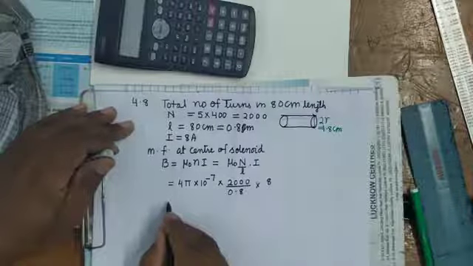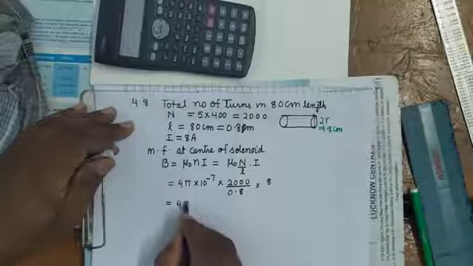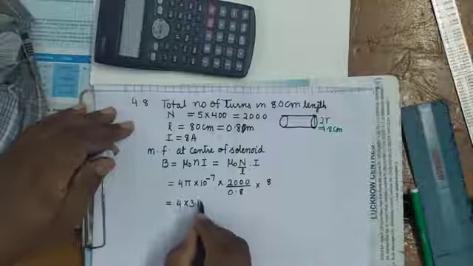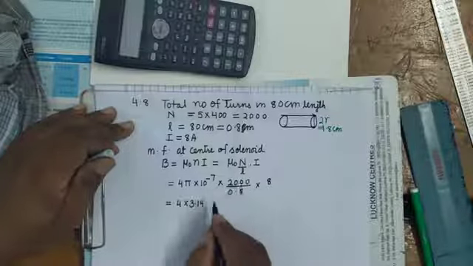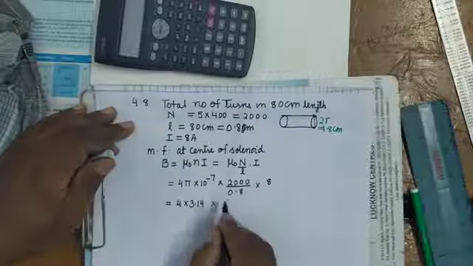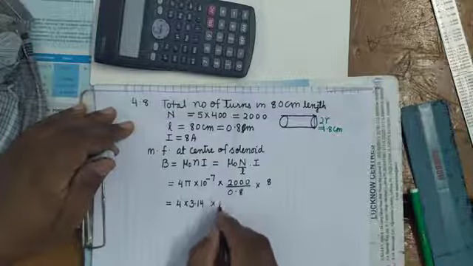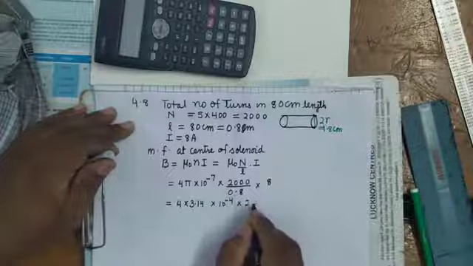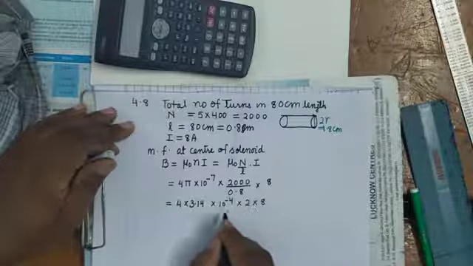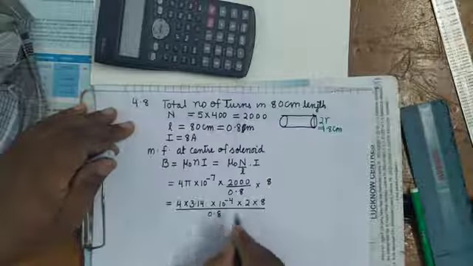So when you simplify, it will become 4 into 3.14, 10 to the power minus 7 and 10 to the power minus 3, so it will be 10 to the power 3. Ultimately you will get 10 power minus 4 into 2 into 8 upon 0.8.